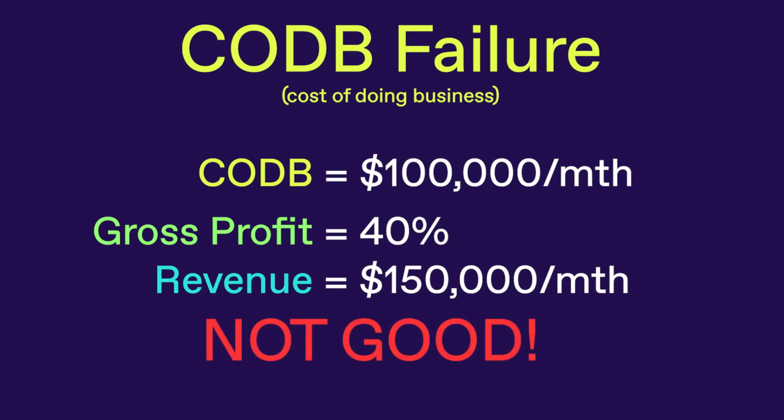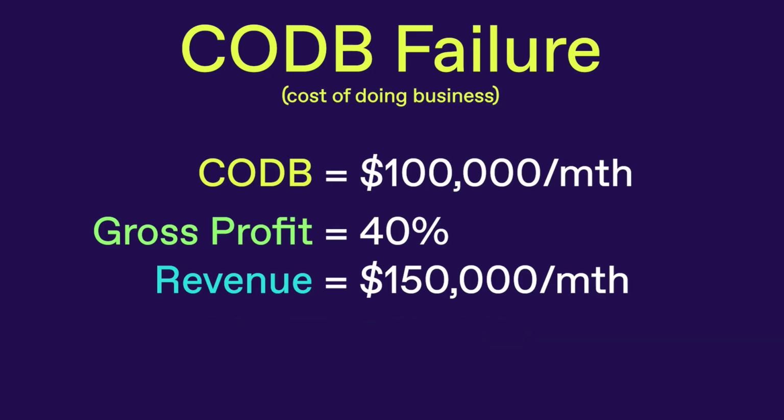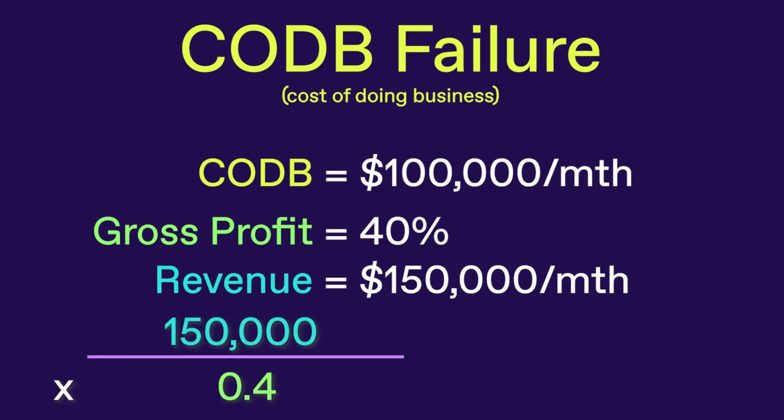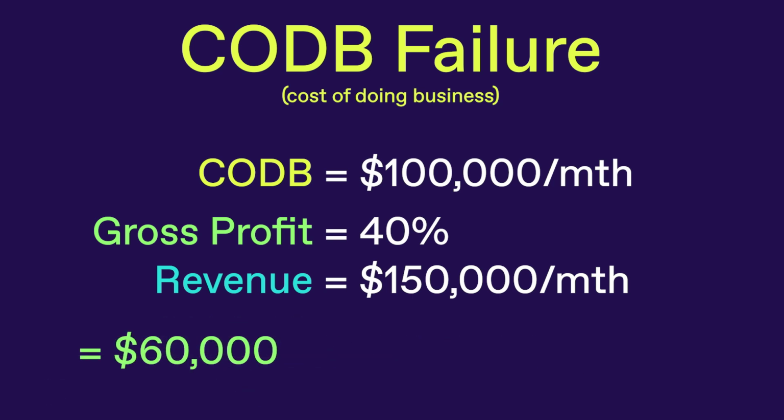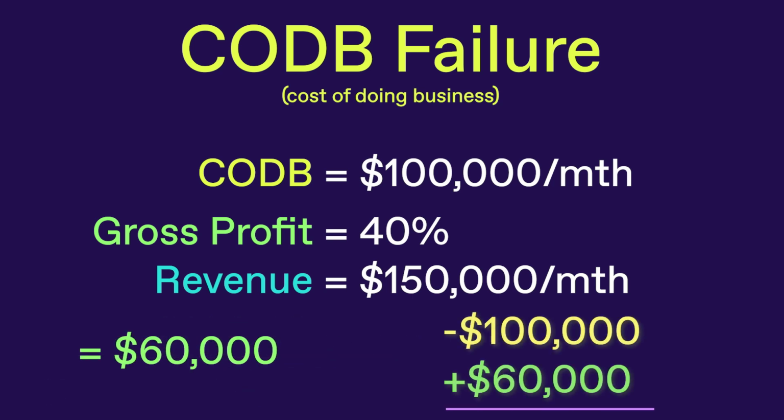So you might have a good quality of performance, so quality being the GP percentage, but you're not having enough quantity of performance. So if you've got $150,000 worth of revenue at 40% GP, I think that equates to a $60,000 gross profit. So the quantity of the gross profit is not high enough to cover your cost of doing business of $100,000.